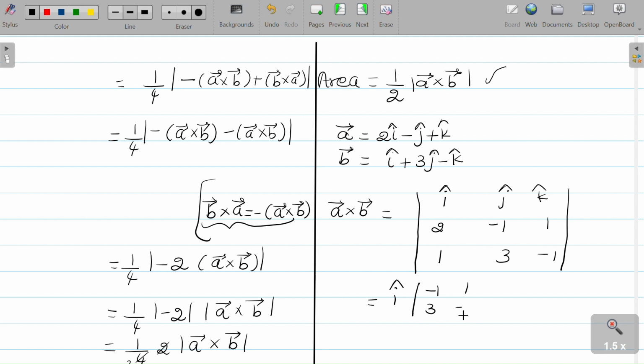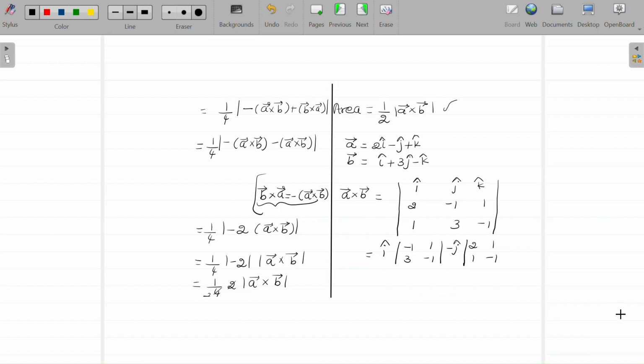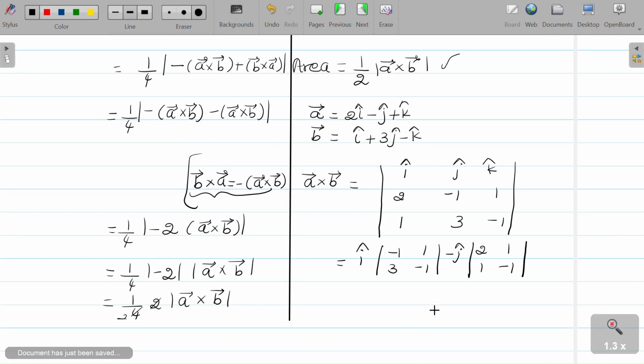So plus, then we have to go with minus j cap into the determinant of deleting this row and column. We have 2, 1, 1, minus 1. Then plus k into keeping this row and column, we have to go with 2, minus 1, 1, 3.